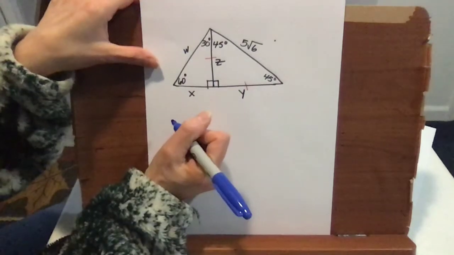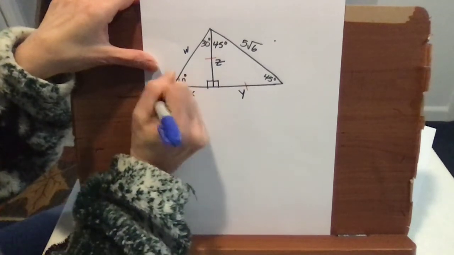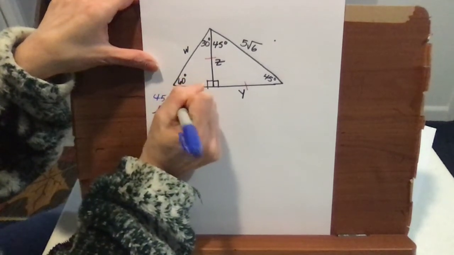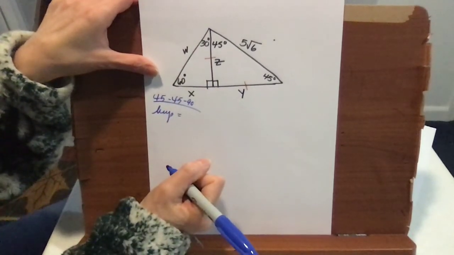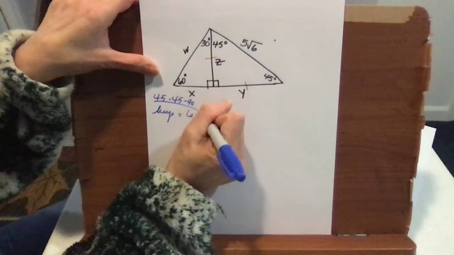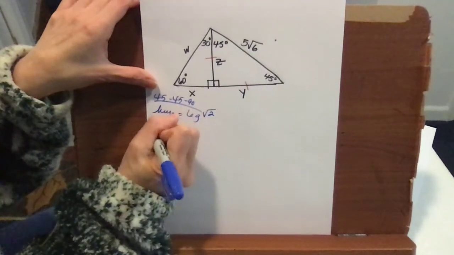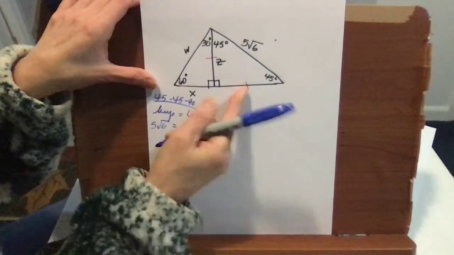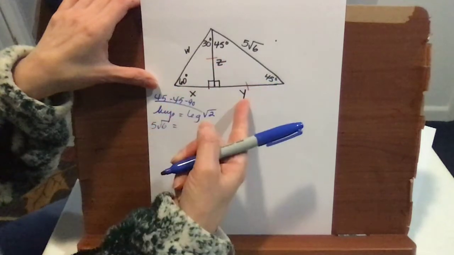All right, so what we're going to do is our hypotenuse in our 45, 45, 90 degree triangle is equal to a leg times radical 2. We have the hypotenuse is 5 root 6. We'll pick one of the legs. It could be x or, I'm sorry, z or y. It's up to you.